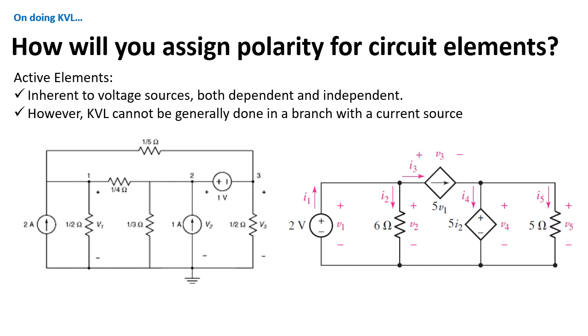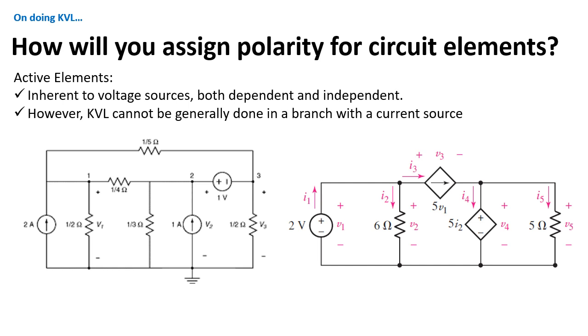In doing KVL, you are literally taking the sum of voltages of elements along a closed path. Except when you know the voltage across a particular current source, you cannot apply KVL on it.